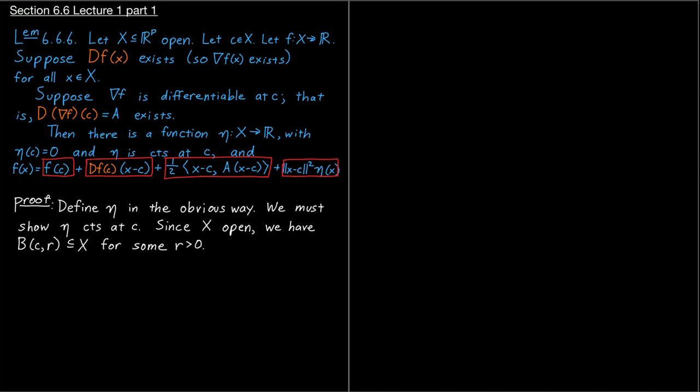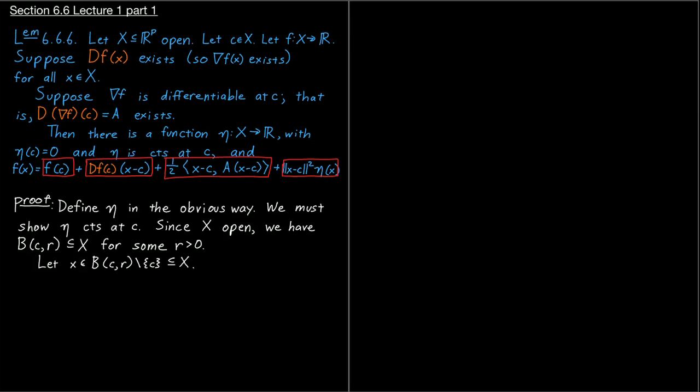Since we're trying to show continuity at C, we can always suppose delta is less than our r. So now let's let X be in our ball centered at C of radius r. Let's say it's not the middle point. We know what's going on at the middle point. And recall this is contained in X.